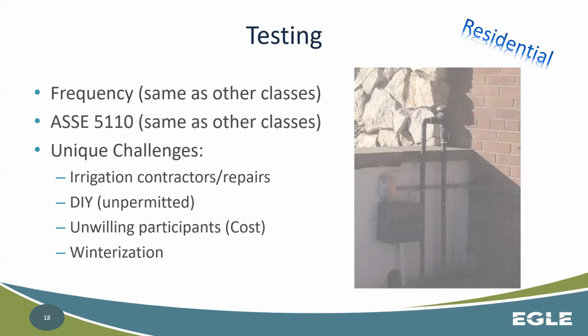People might not know that, or it might be misrepresented. You might have do-it-yourself projects. Again, these homeowners just deciding, I'll save a buck, I can do this myself. Unwilling participants, either because they feel like you're invading their privacy, or they're not willing to pay for the work to be done.